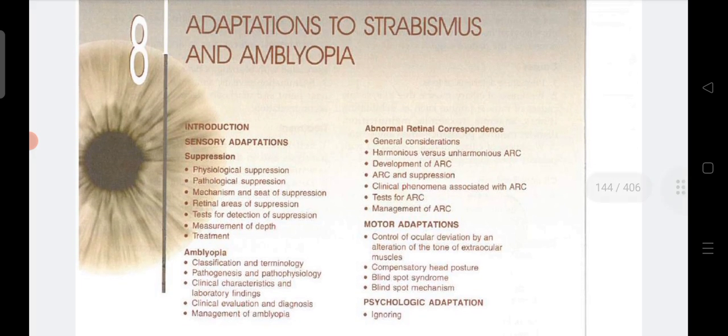Now when this suppression is continued for a long time, it will give rise to amblyopia or lazy eye. This is very important to note, because for a child we need to prevent lazy eye at an earlier age.